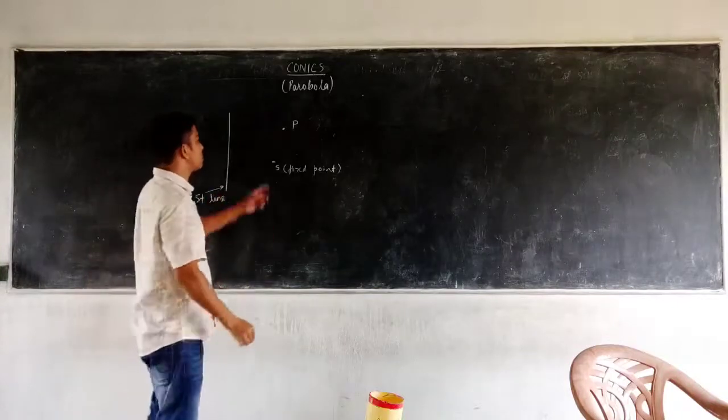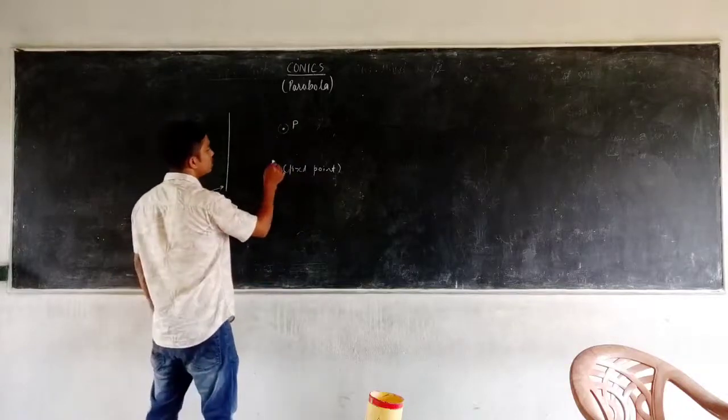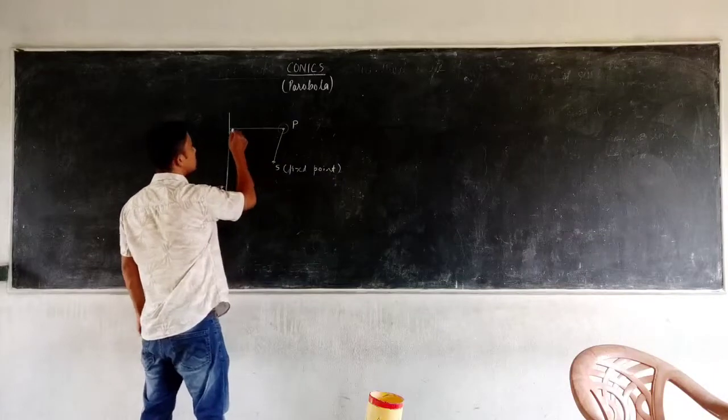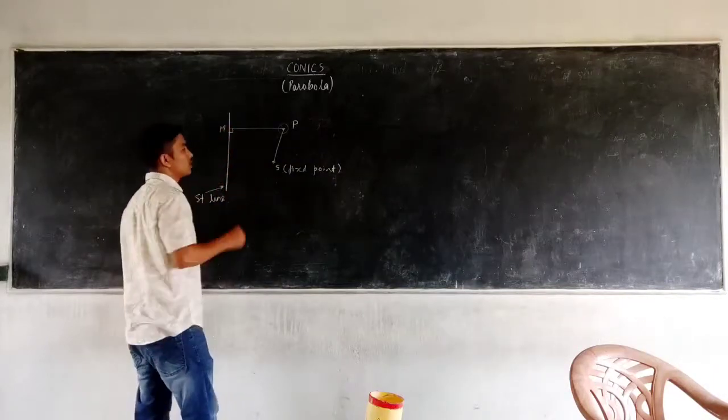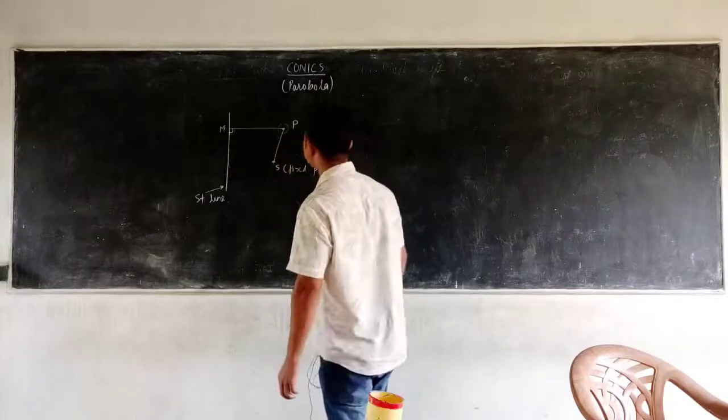The condition is that the distance of P from the fixed point S and the perpendicular distance from that line, suppose this is M, always remains the same, that is, it remains constant.